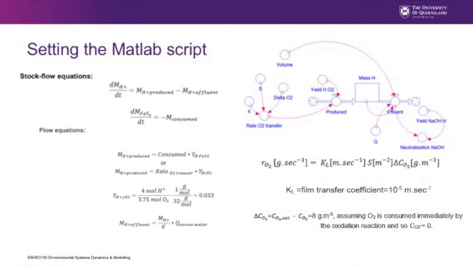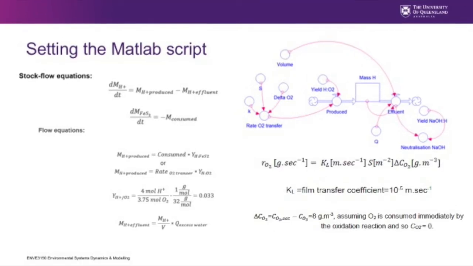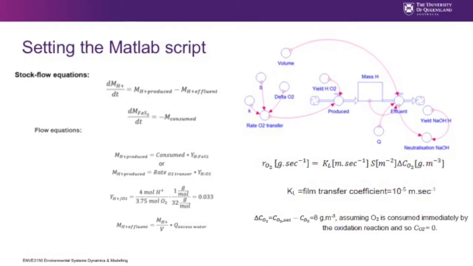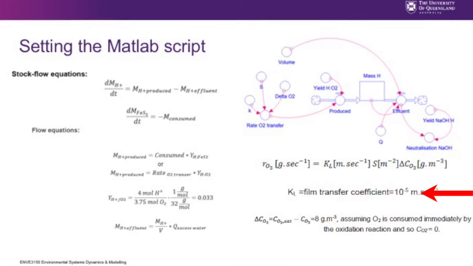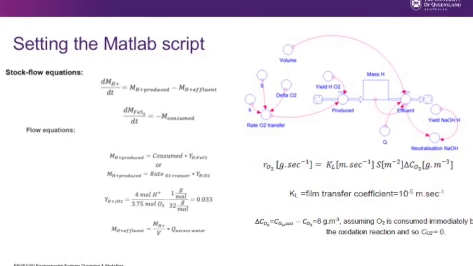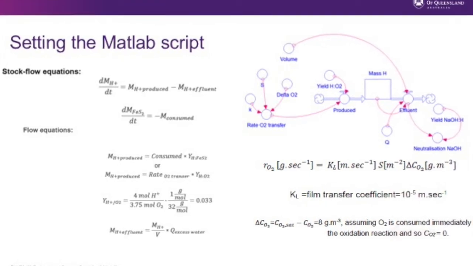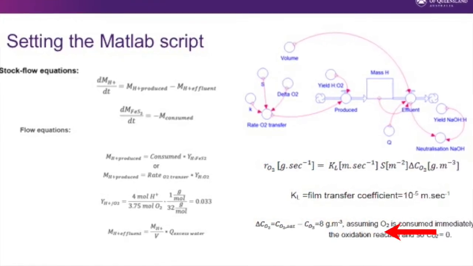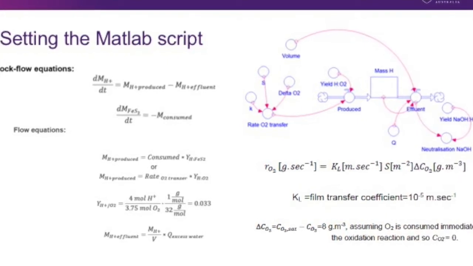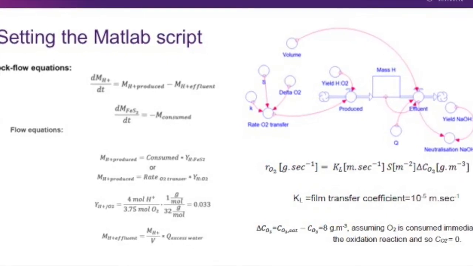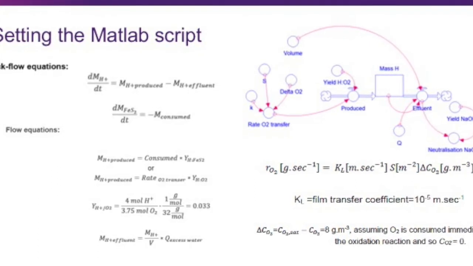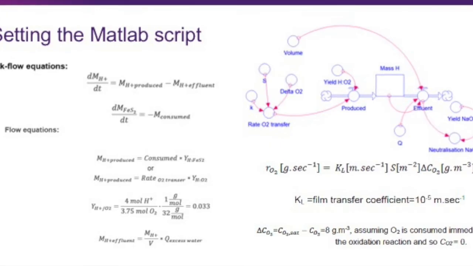An additional equation that we need to consider is the rate of oxygen transfer, and that is driven by the film transfer coefficient, the area, and the difference between the concentration of oxygen at saturated conditions and the concentration of oxygen that is considered to be 0.